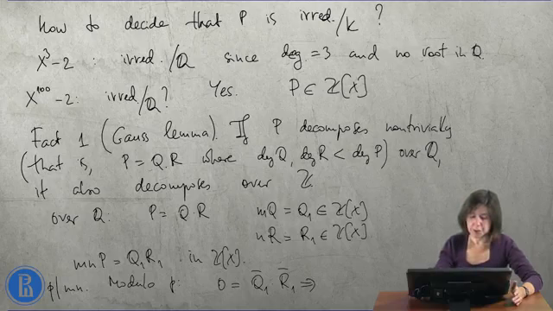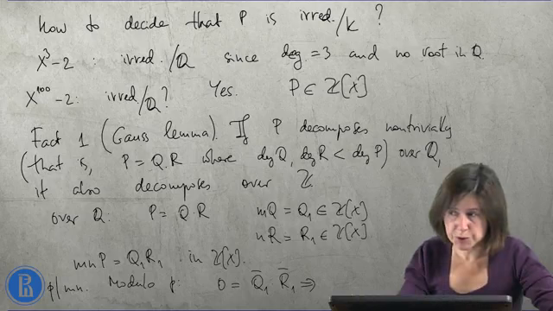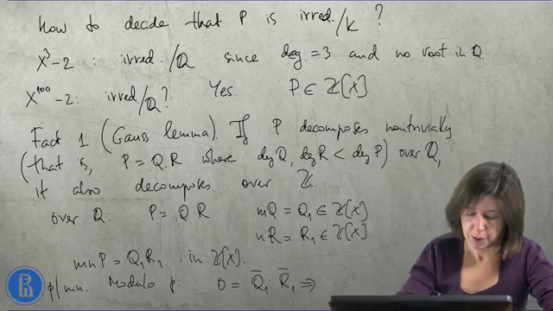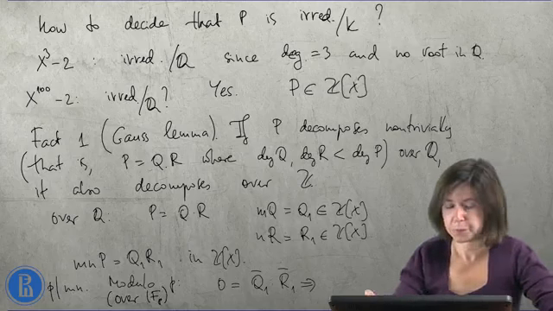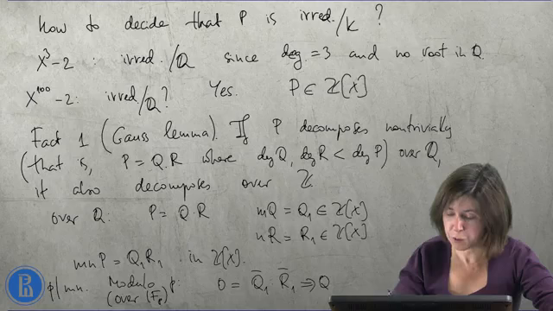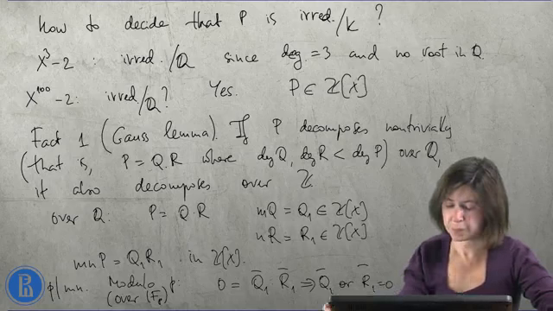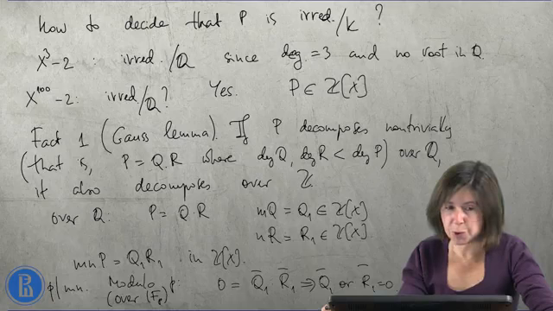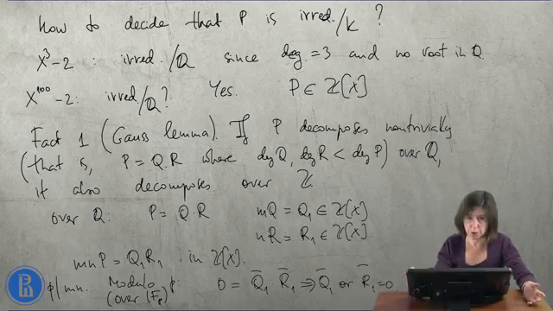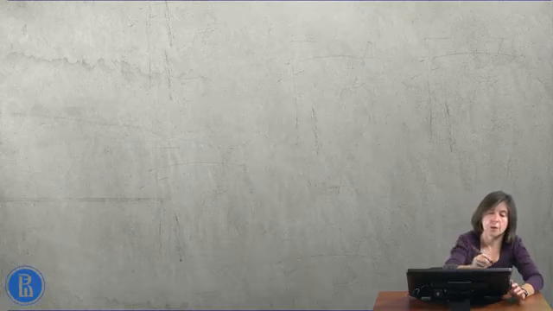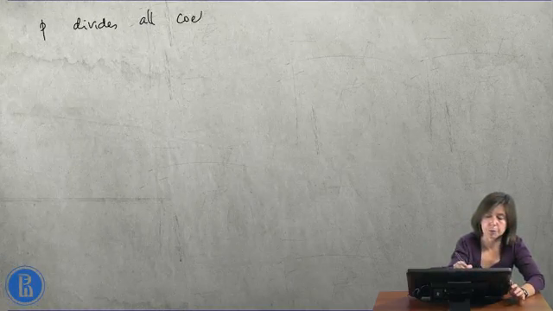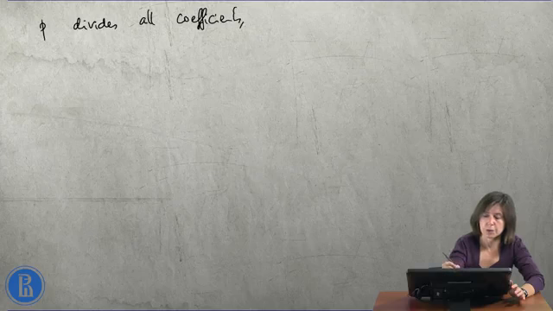Well, but we are over Z modulo pZ, which is a field. So modulo p means over F_p, right? This is a field. So we have Q1 bar or R1 bar is 0. This means that p divides all coefficients either of Q1 or of R1. So p divides all coefficients of Q1.